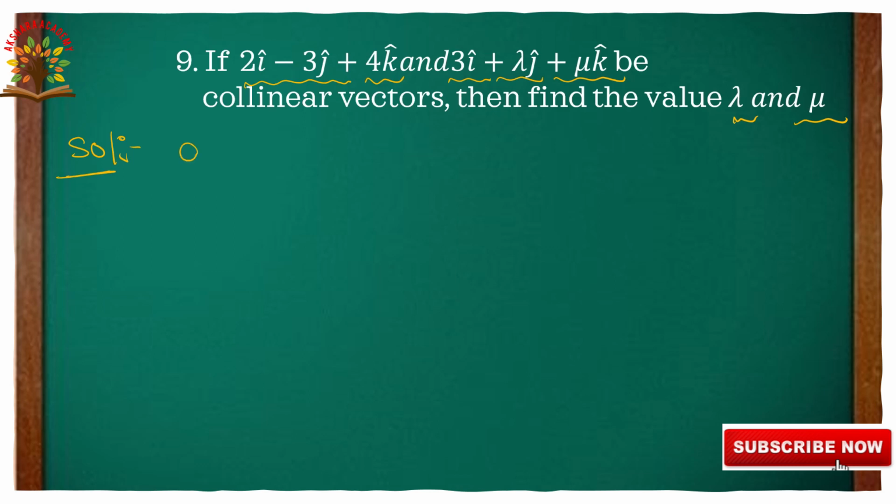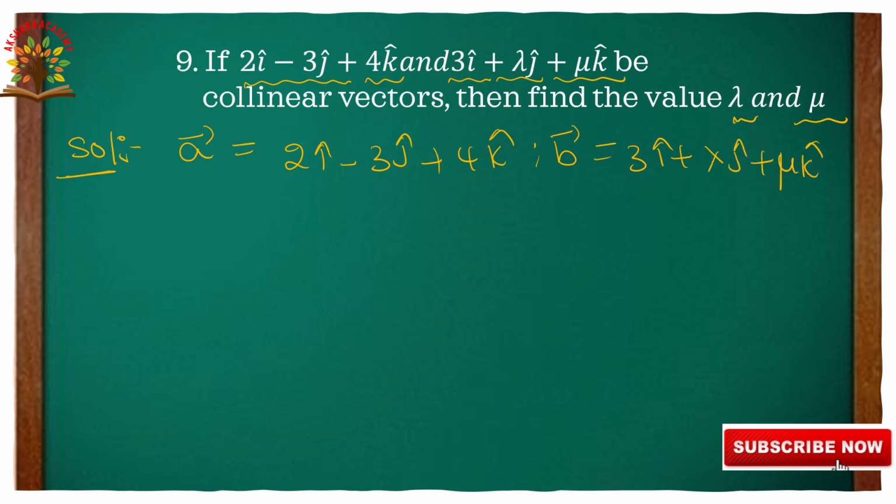Let us assume that one is a bar and another is b bar. A bar is equal to 2i cap minus 3j cap plus 4k cap, and the given b bar is equal to 3i cap plus lambda j cap plus mu k cap.